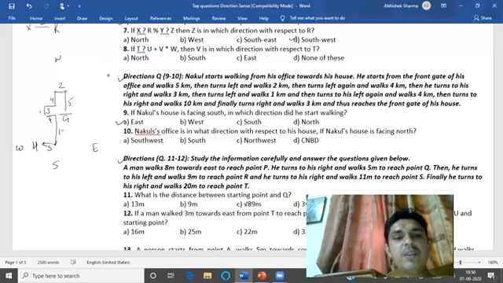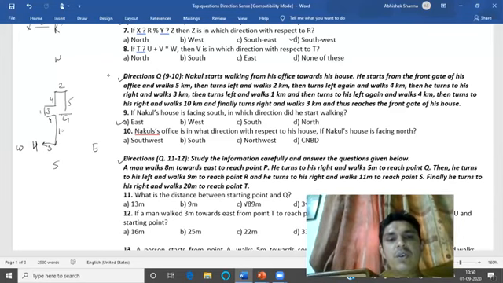Thereafter, question number 10: Nakul's office is in which direction with respect to his house?